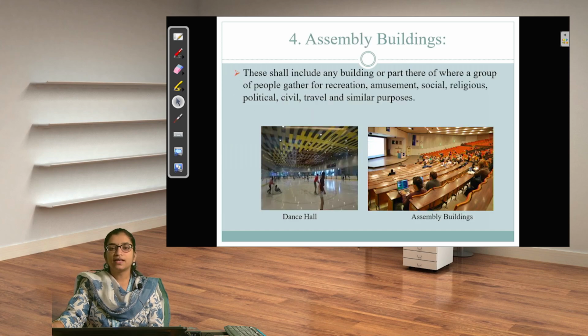Fourth one is the assembly building. The name indicates that it is a building where people gather for any kind of function, or they use that building for entertainment purposes. So where people gather for any function or any purpose, that building we call an assembly building.